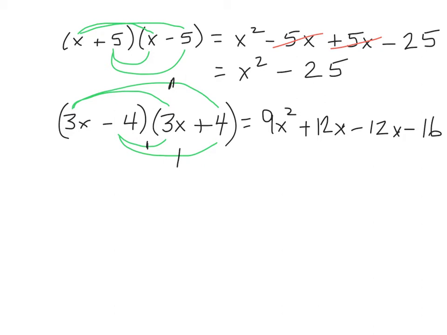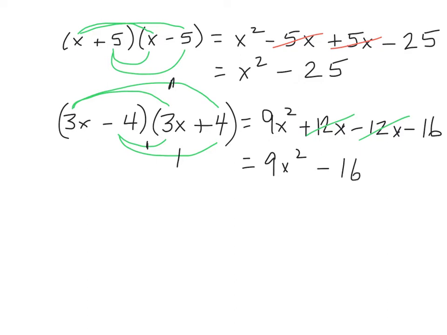Combining like terms, the same thing is going to happen here that happened in the first problem. The middle terms, the positive 12x and the negative 12x, add to 0. So that gives us, for the final simplified version of this product, 9x squared minus 16.